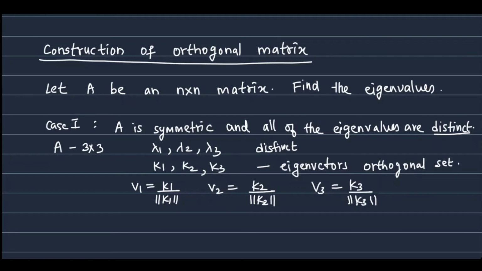So now v1, v2, v3 form an orthonormal set. So now we got an orthonormal set of vectors.